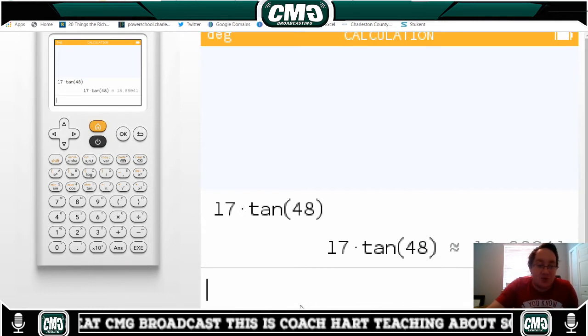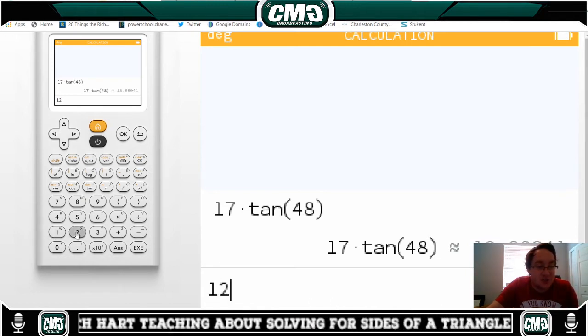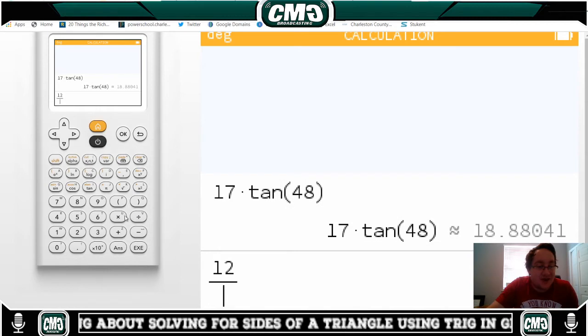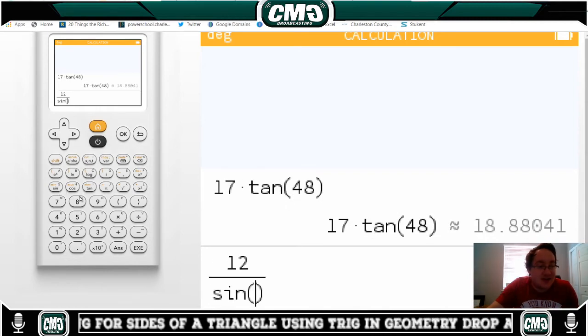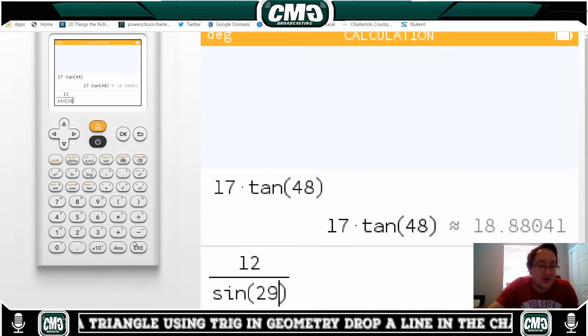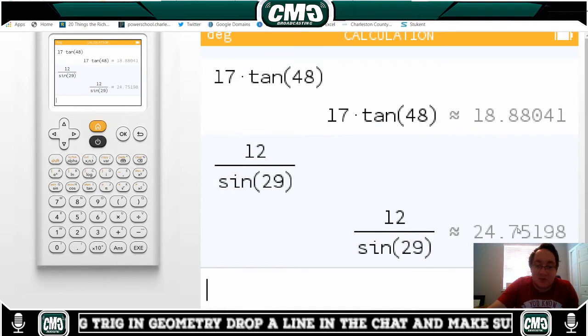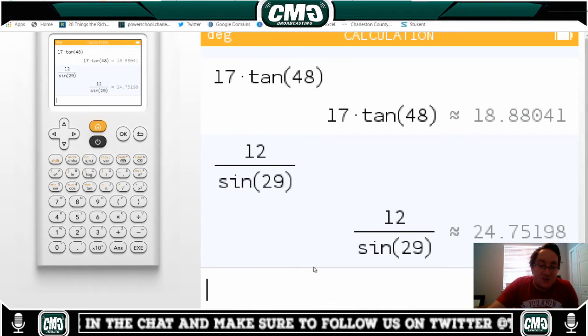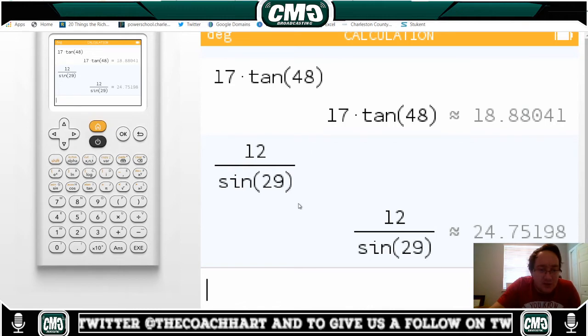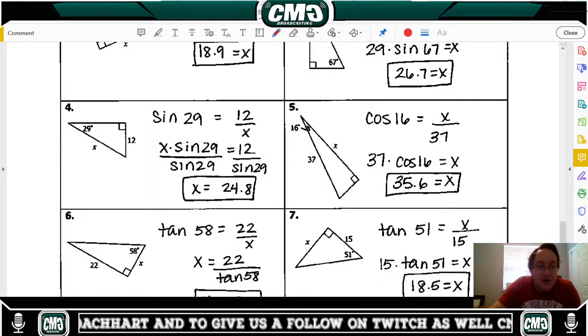Well, now we're looking at 12 divided by, because remember it's a fraction, so we just take 12 and then we hit divided by the sine of 29. And we hit enter, we get 24.75, which rounds up to 24.8. And that's how we get to that one right there.